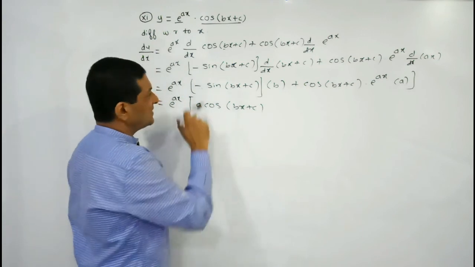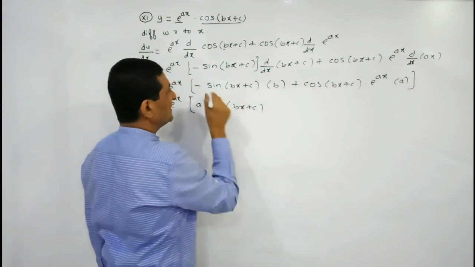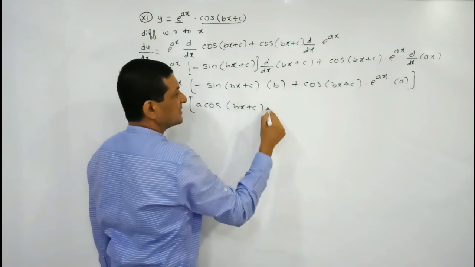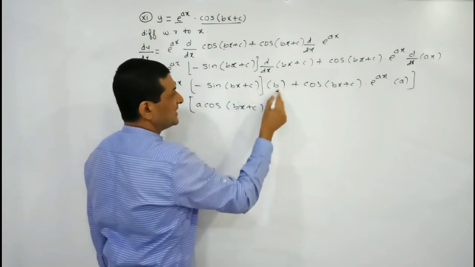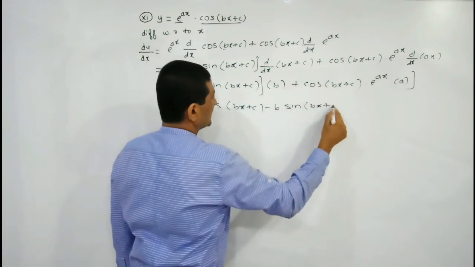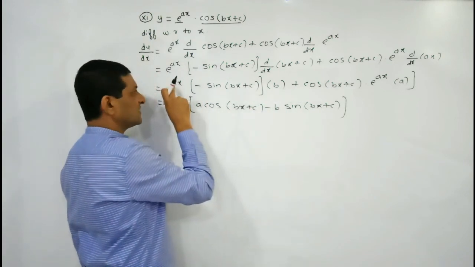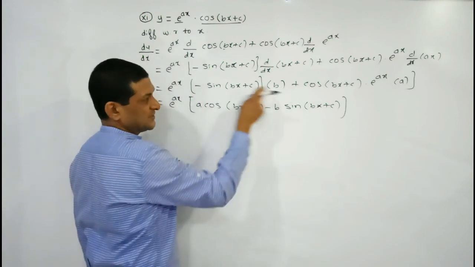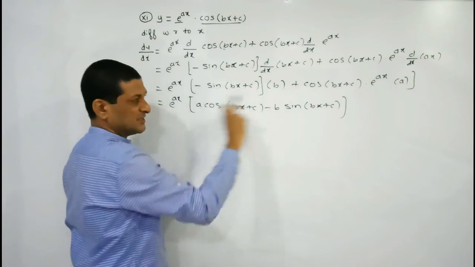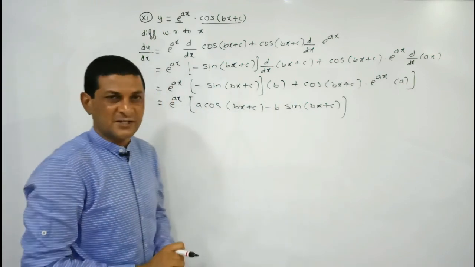And here minus b into sin bx plus c. Simply, we have taken e raised to power ax common from this first term, and this is its multiple, meaning this will be the remaining term. We have first written the positive term, later on the negative term.